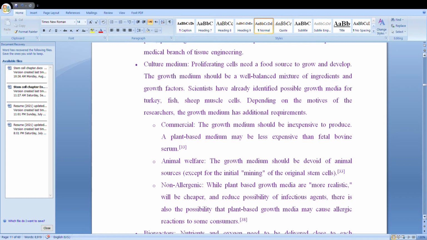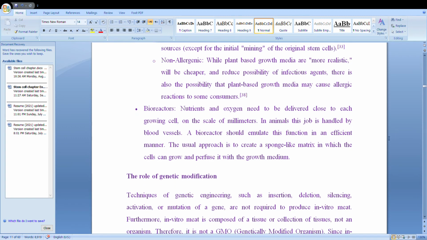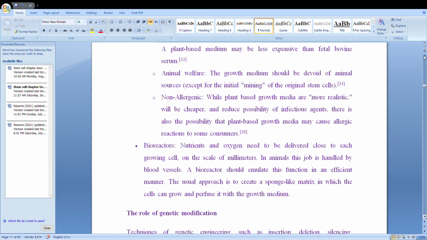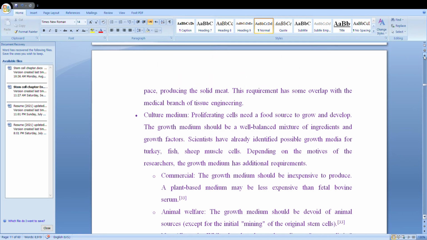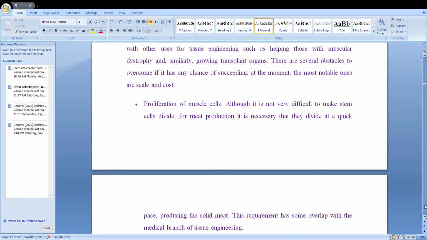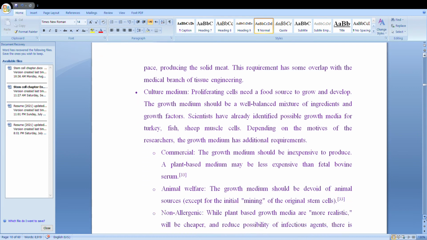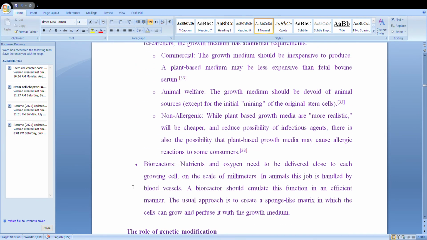in different countries. So this is the culture media and also other culture media, and also this is called cell sources and environment, and then bioreactor, nutrient and oxygen supply.